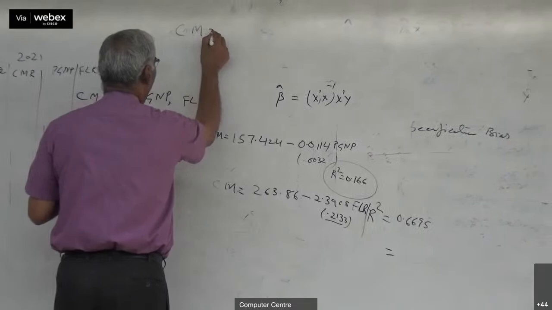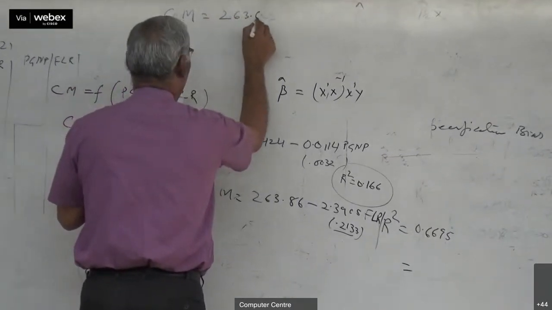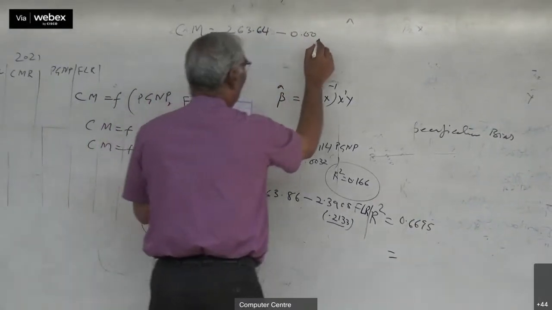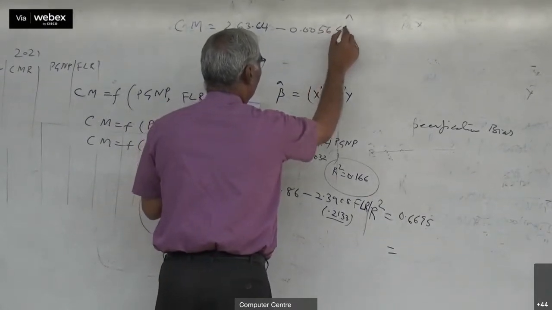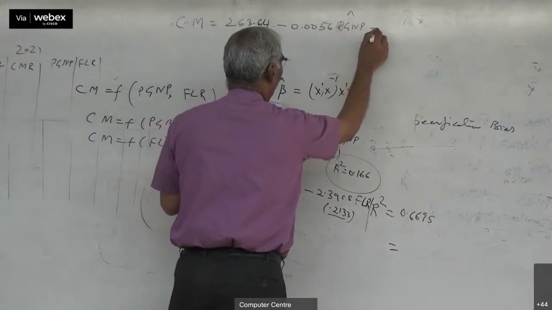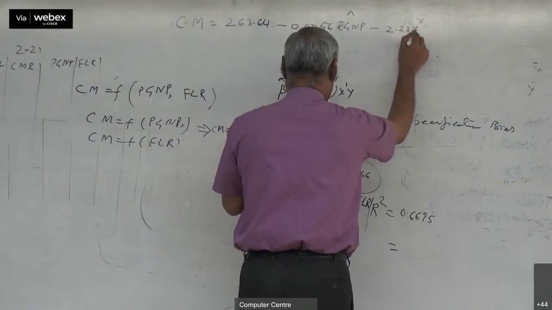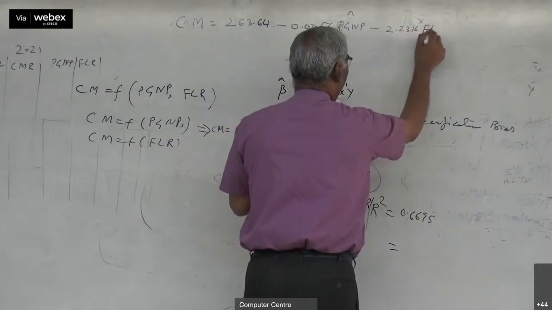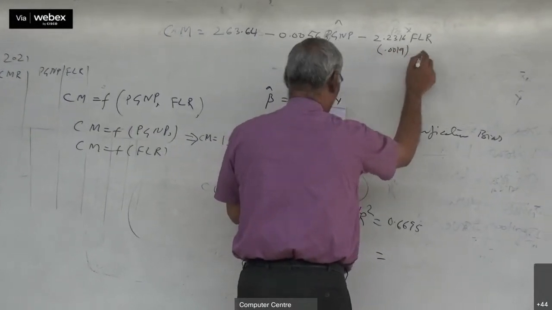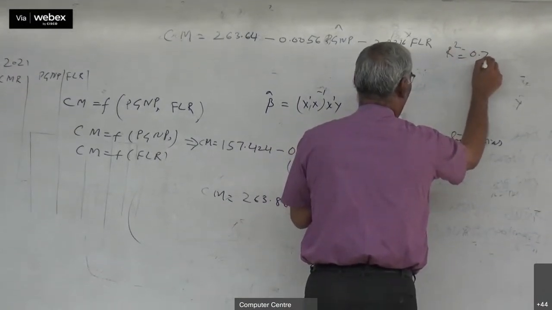Child mortality rate is equal to 263.64 minus 0.0056 per capita GDP minus 2.2316 female literacy rate, standard error 0.0019, and R square is equal to 0.7077.